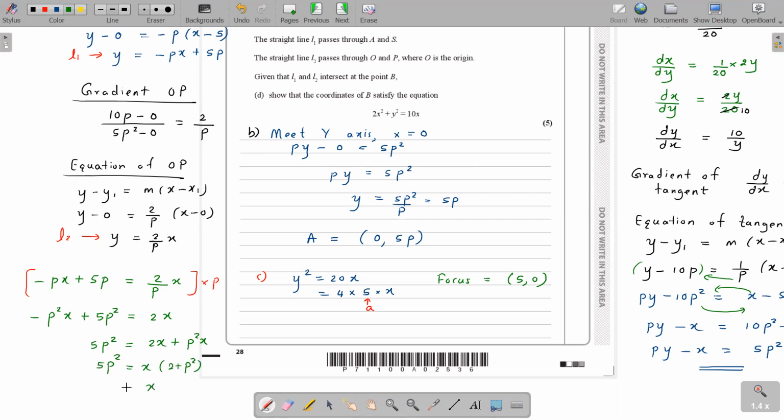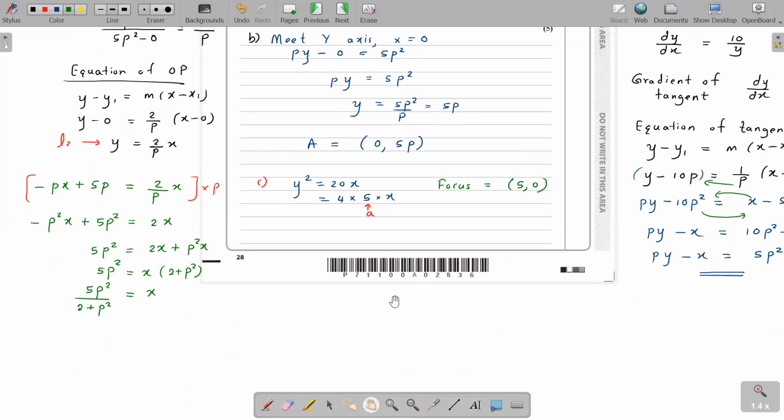So basically I get x equals 5p² over 2 plus p². Okay, now substitute the x value into the equation and find y also. So y equals, let's substitute to line 2. y equals 2 over p times x, replace.